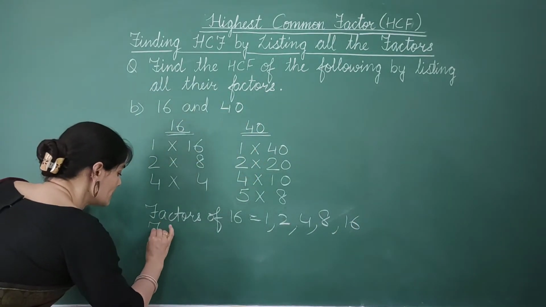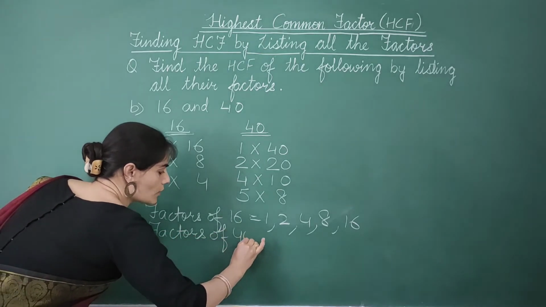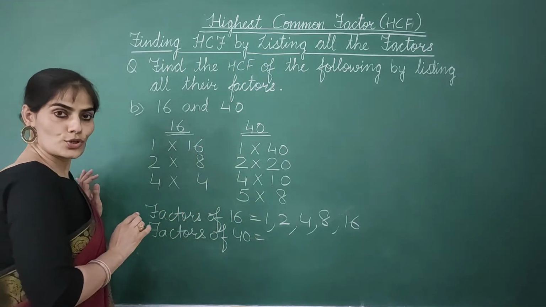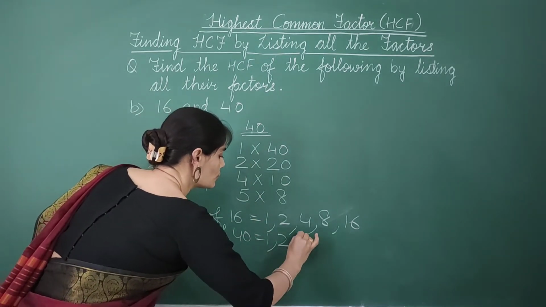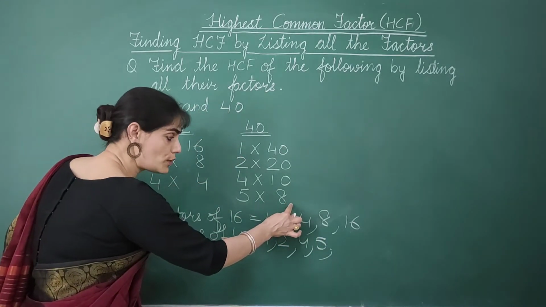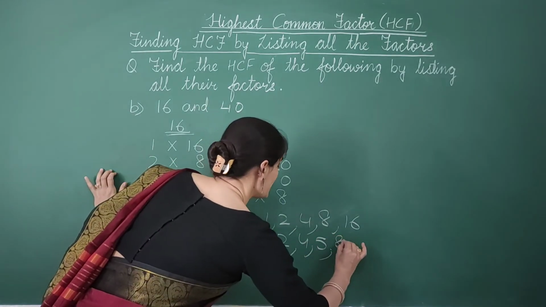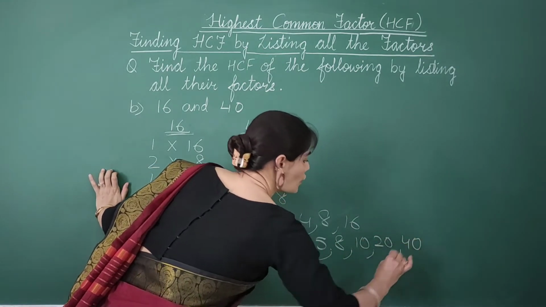Let's write the factors of 40 now. Again we begin from the top on the left side. It is 1, 2, 4, 5. Now we move to the right side and from the bottom we begin. It's 8, 10, 20 and 40.